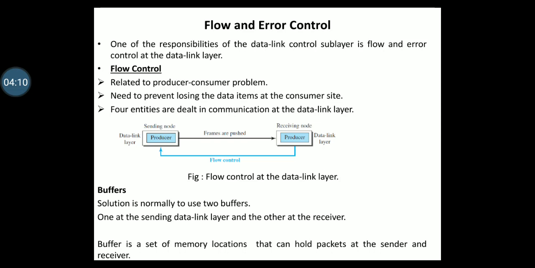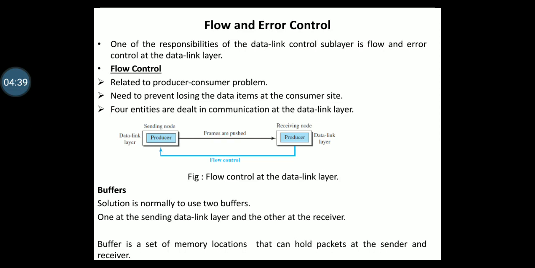A buffer is a set of memory locations that can hold packets at the sender and receiver. The flow control communication can occur by sending signals from the consumer to the producer. Whenever the buffer of the receiving data link layer is full, it informs the sending data link layer to stop pushing frames. Is it clear?